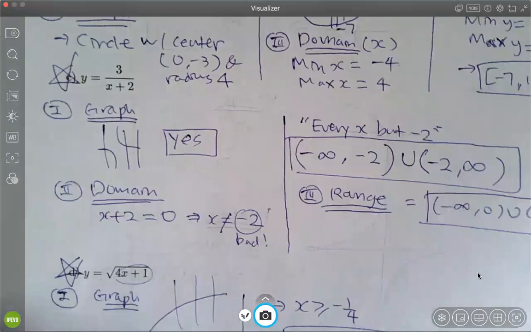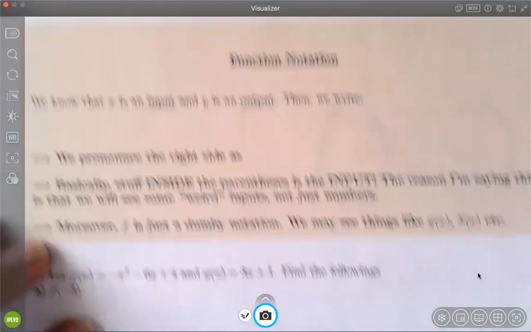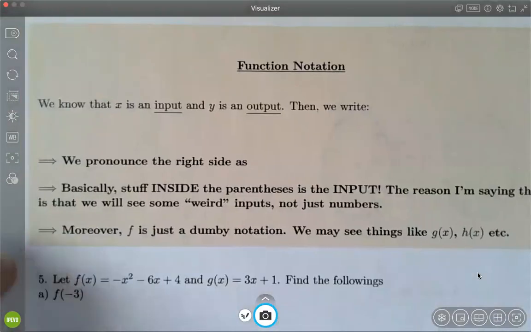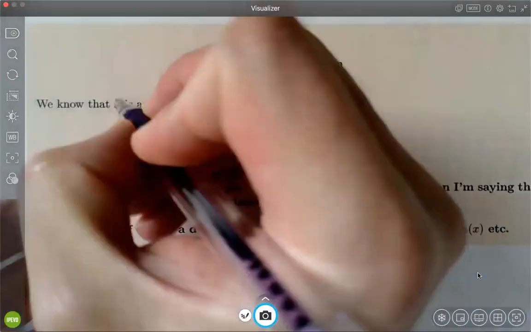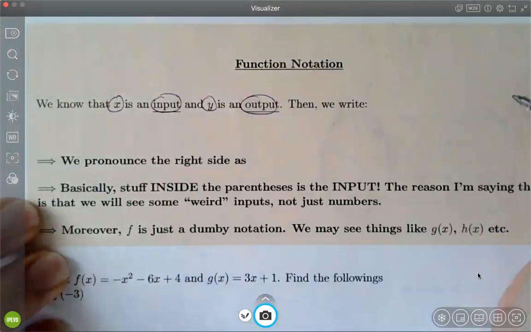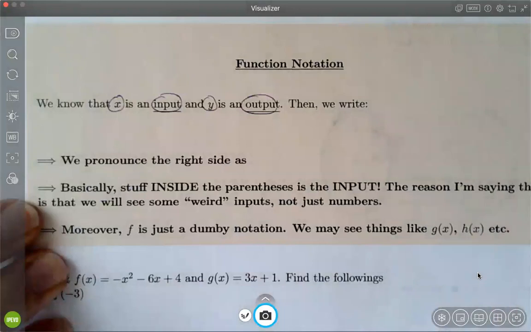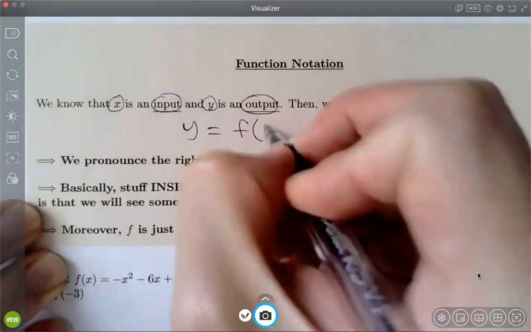Okay, so now, the next scheme is the popular one, the function notation. Okay, so now, this function notation is really, really important. So, from before, we know that x is the input and y is the output. So, the way to rewrite this is that.